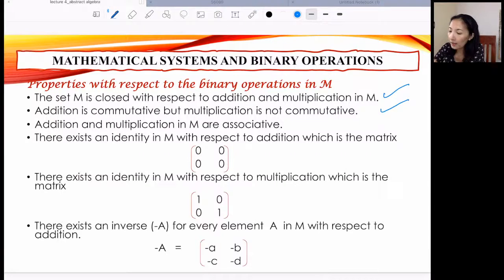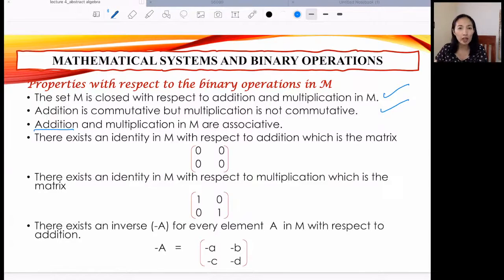Now, let's again recall what associativity means. Associativity has to do with grouping. Changing the grouping of the matrices to be added or to be multiplied does not affect the sum or the product.